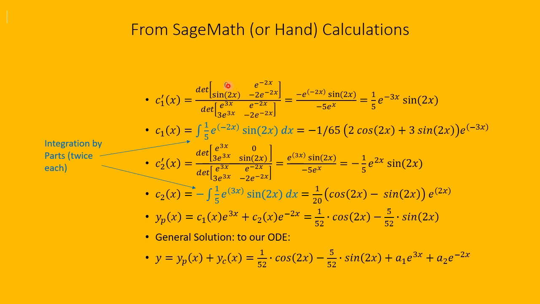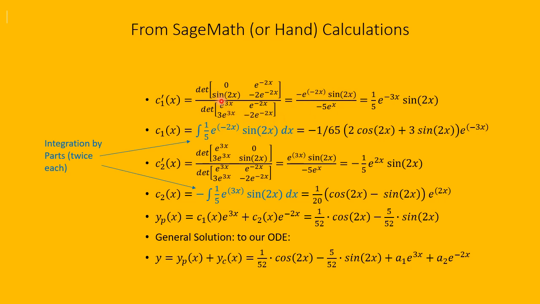And remember, for a 2 by 2 matrix, its determinant is the product of the main diagonal elements minus the product of the secondary diagonal elements. So in this numerator, for instance, this determinant is 0 times this minus e to the minus 2x times sine of 2x. So this simplifies to minus e to the minus 2x sine 2x.